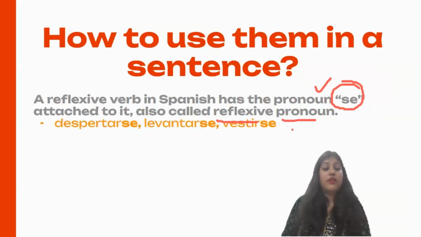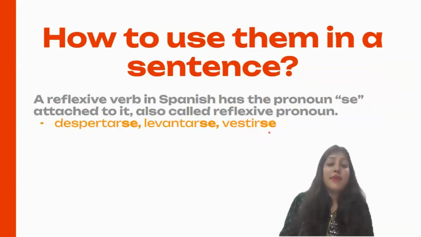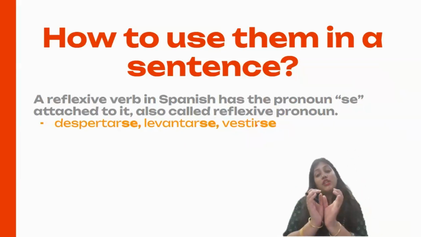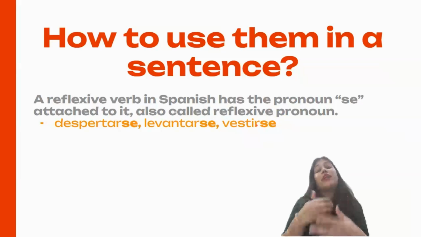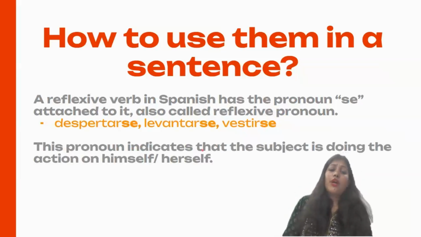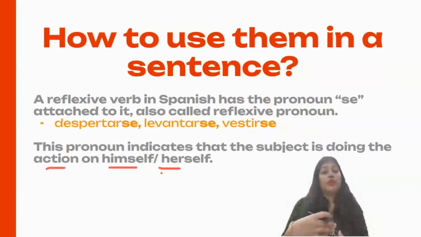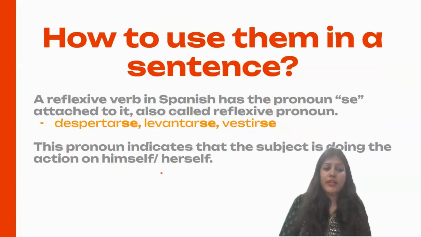For example, you have despertarse, levantarse, vestirse. So the se attached to the verb signifies the reflexive sense. So this pronoun indicates that the subject is doing the action on himself or herself. So the action is going to be reflected back.